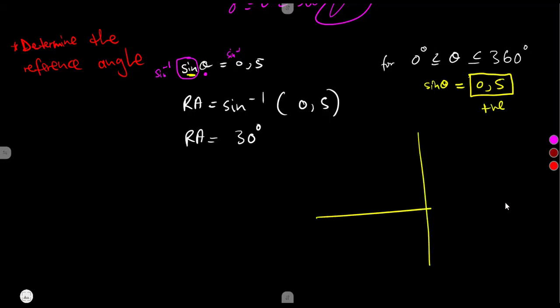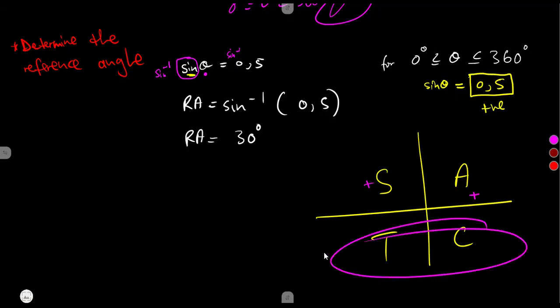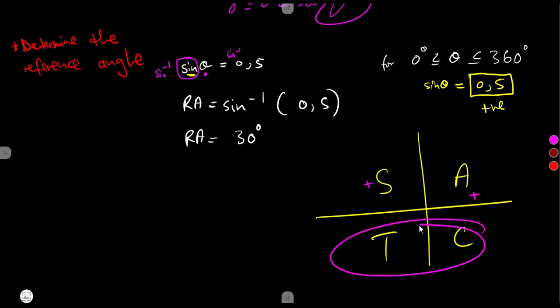Remember from our quadrants, the CAST concept. Sine, where is it positive? It is positive here for All, and here where we have got S, sine is positive. In these two quadrants, it is negative. We were going to use these quadrants if it was a negative, but this one is a positive.